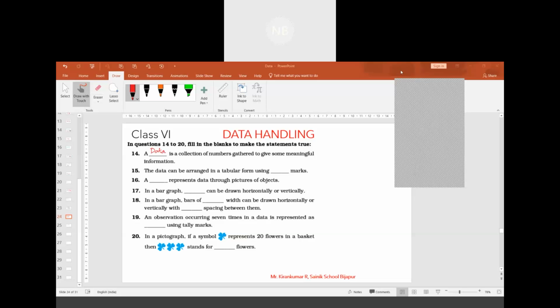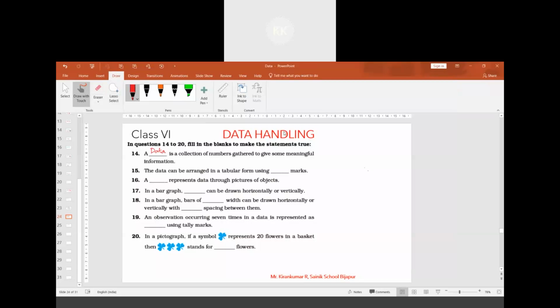Presentation every time becomes difficult for me here. I'll request Kumari not to type anything in the chat box. Sir, she left the screen. Let us continue.